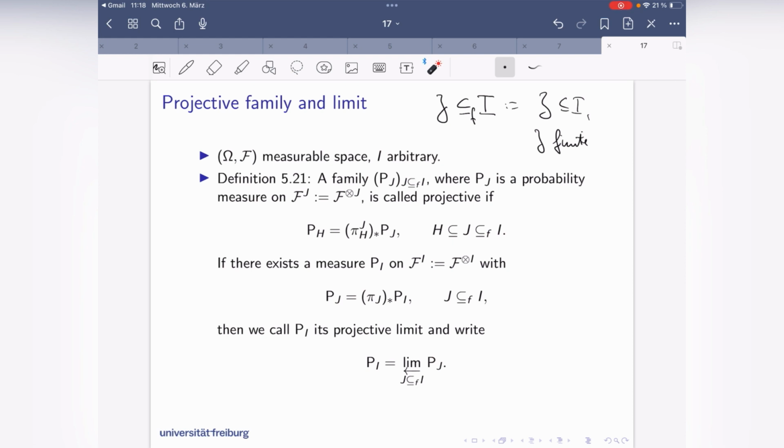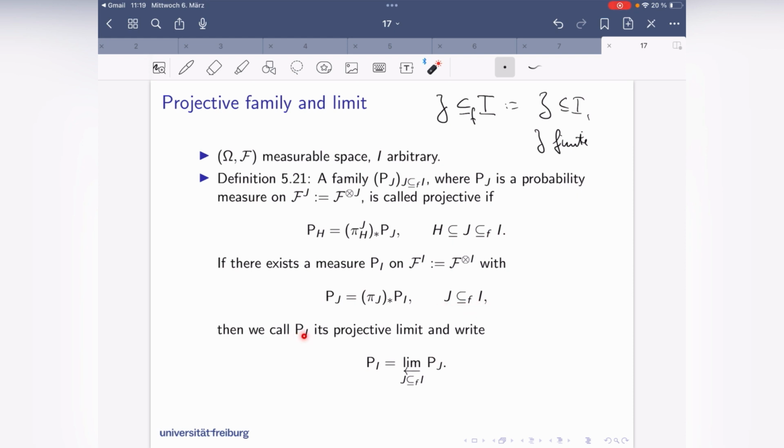So what's then a projective limit? Here I only have measures on the finite product spaces, and the limit should be a measure on this uncountable product. Well, Pi is a projective limit of the family Pj if you take all coordinates, project down to j, and you obtain Pj for all possible j's.